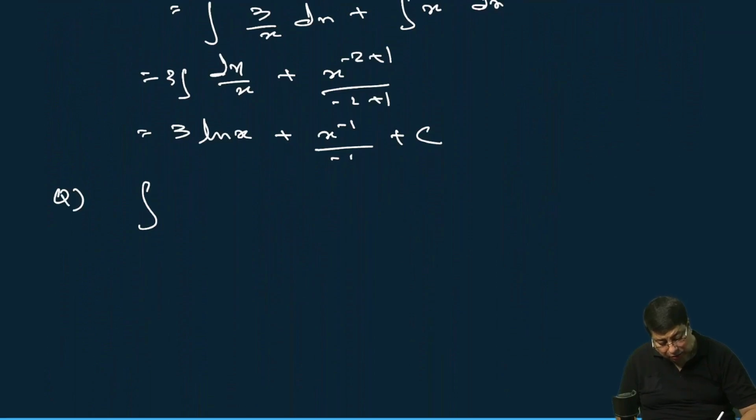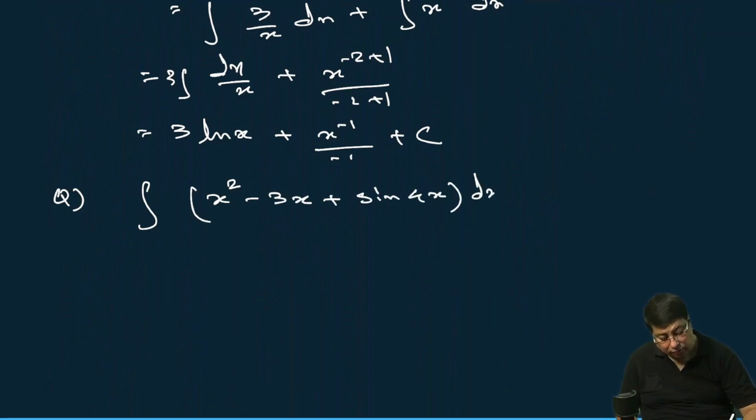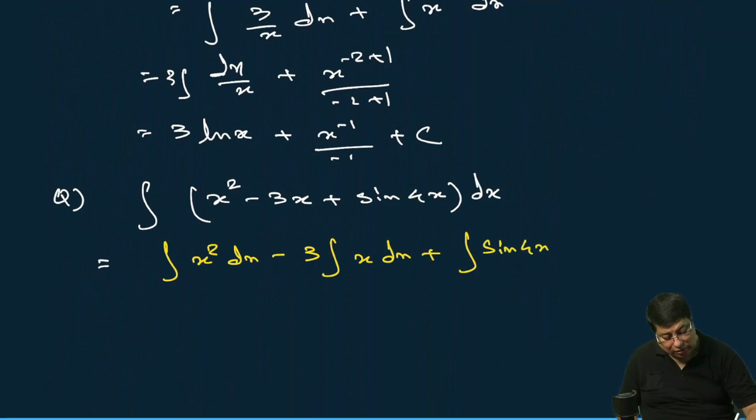Integration of x square minus 3x plus sine 4x. Let us separate the integration, as you think better. So in this case, integration of x square dx minus 3 integration of x dx plus integration of sine 4x dx.